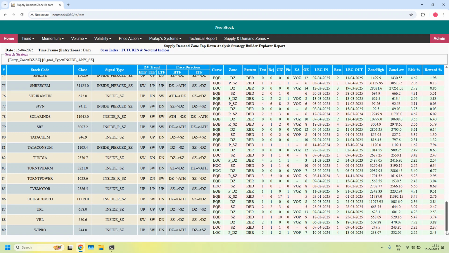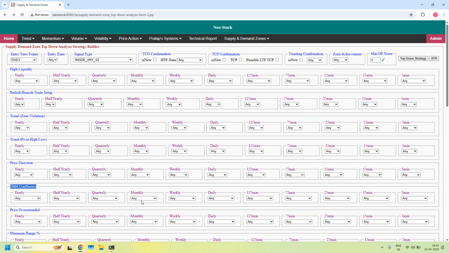We can further filter based on EMA confluence, daily supply zone having daily EMA confluence.